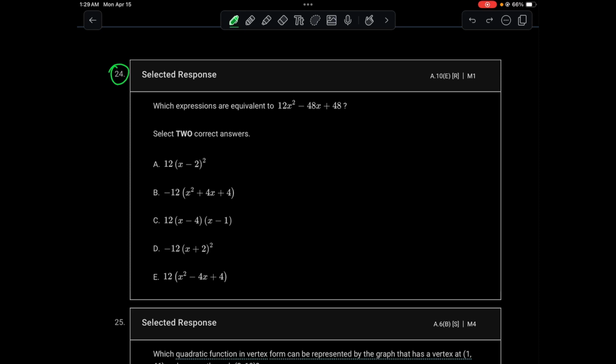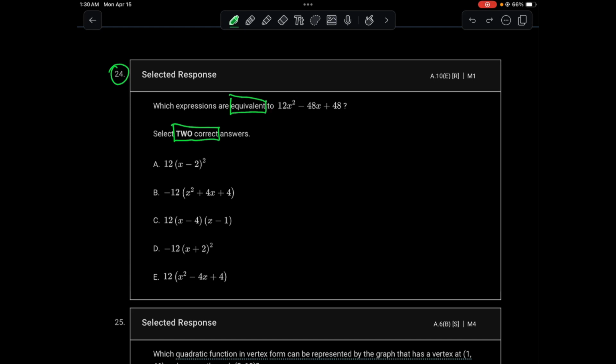Okay, so read it carefully. The key words here are equivalent and two correct answers. Equivalent means they have the same graph. Two of them are going to have the same graph as this one.